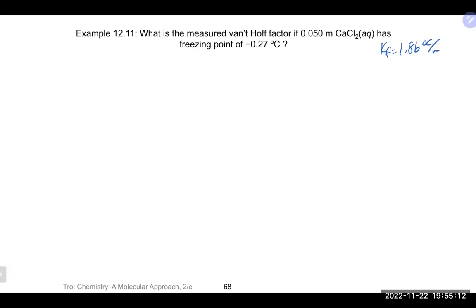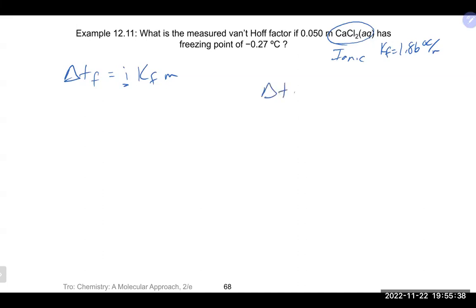Okay, so let's take a look. We're going to deal with the freezing point here. So our change in freezing point will equal i times Kf times our molality. Once again, this is ionic, so that's why we do need to incorporate i, and that is what we're actually solving for in this particular case. It freezes at minus 0.27 degrees Celsius.